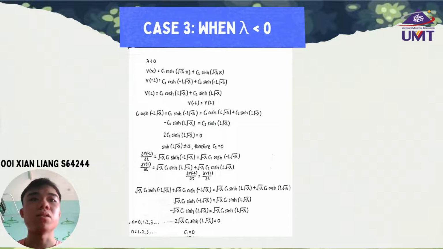Negative C2 sin(L√(-λ)) = C2 sin(L√(-λ)), so 2C2 sin(L√(-λ)) = 0. Since L√(-λ) is not equal to 0, therefore C2 = 0.